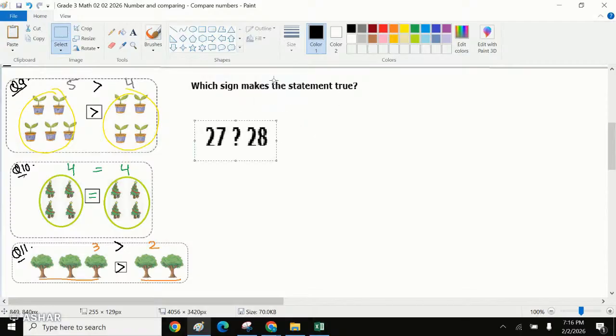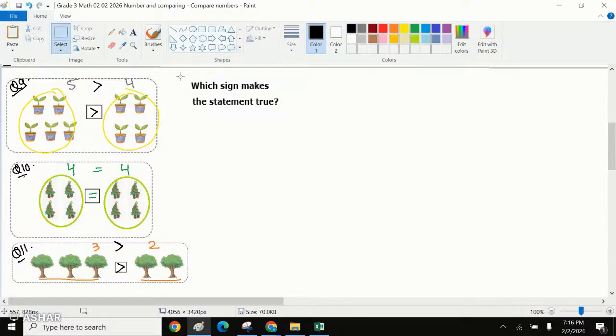Okay, I'll just rewrite this. Which sign makes the statement true? 27 and 28. If this is our question number 12, and we have 27 and 28. So, which is greater?